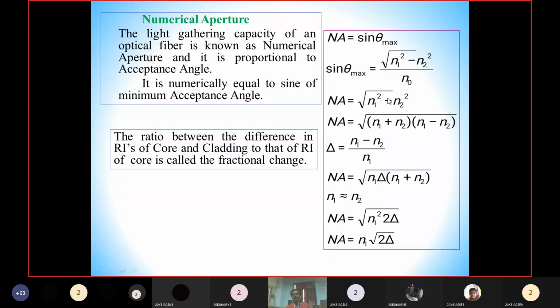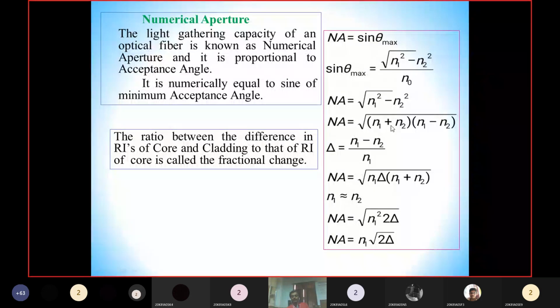We will further simplify this formula. We can write a square minus b square as a plus b into a minus b, so likewise n1 plus n2 into n1 minus n2. The difference of refractive index, n1 minus n2 by n1, is the variation of refractive index, which is delta.